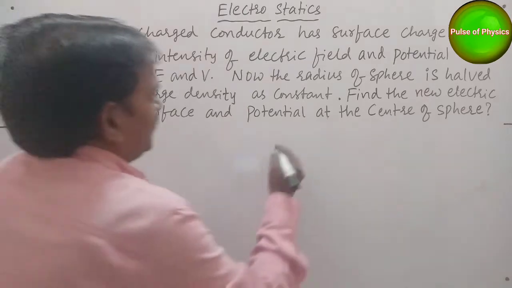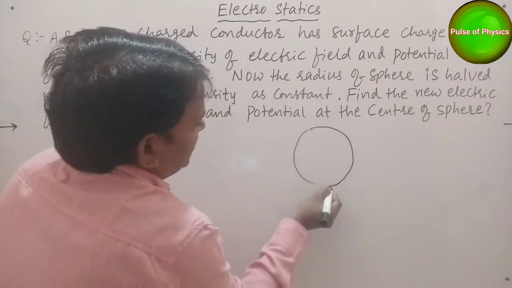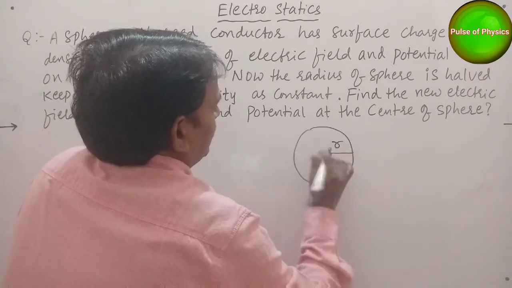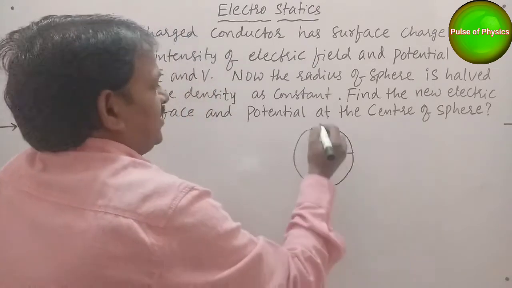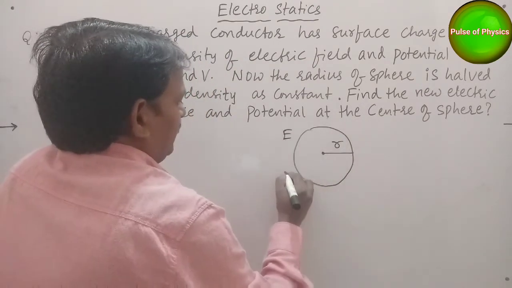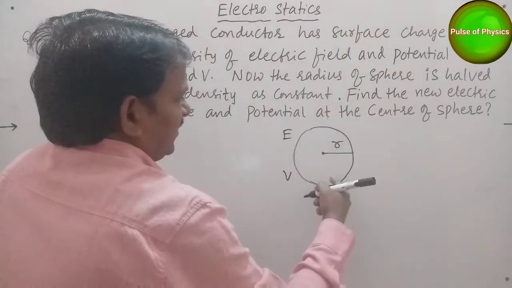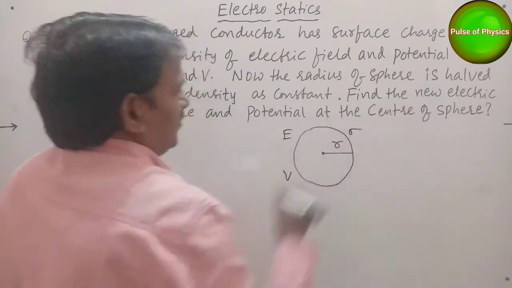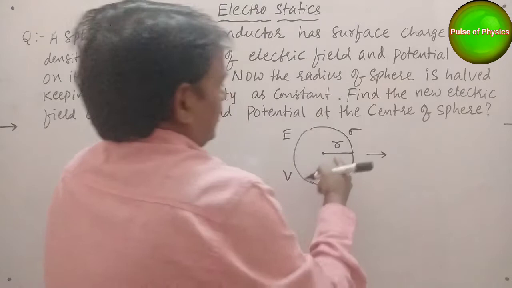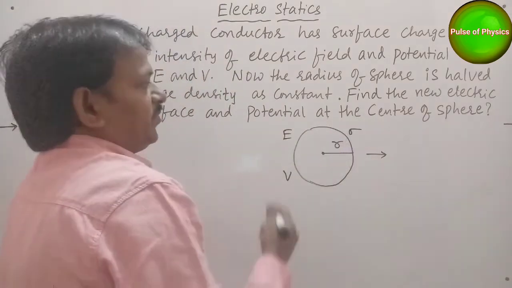So, see this diagram. This is the given spherical conductor with radius r. Next, E on surface, V on surface, and surface charge density sigma. This sphere has surface charge density sigma.